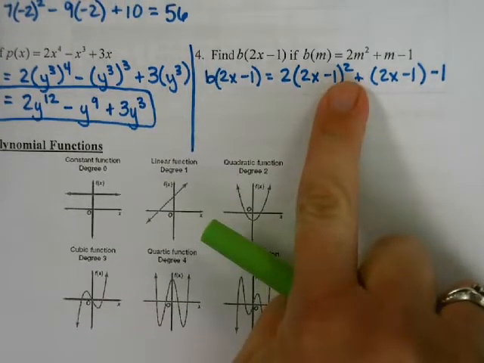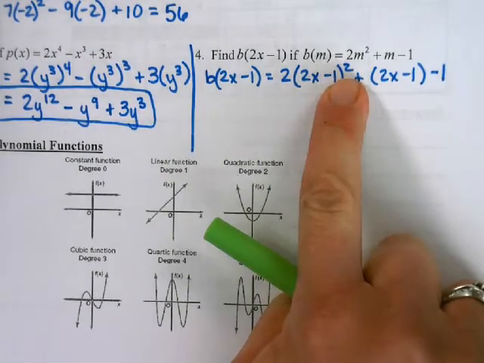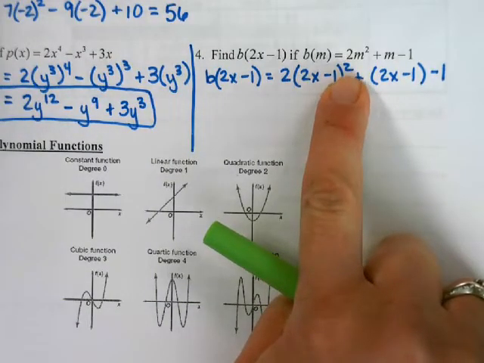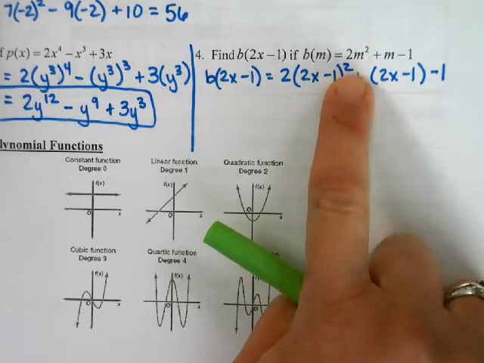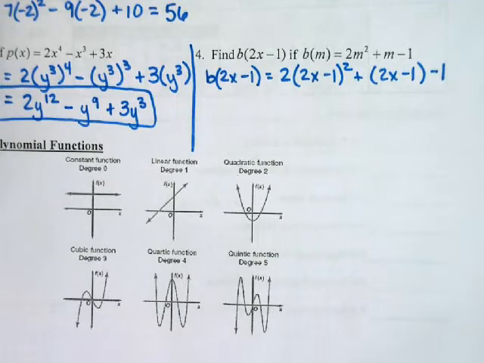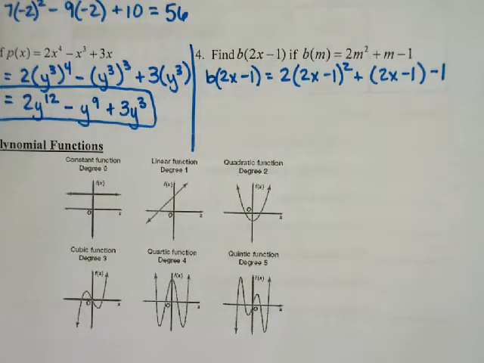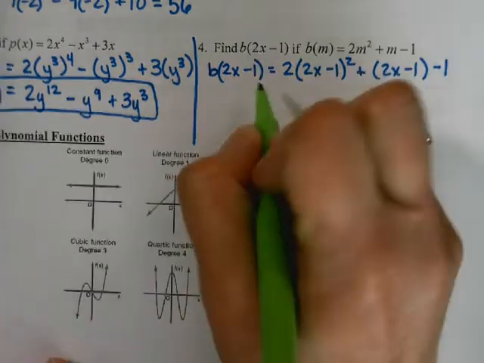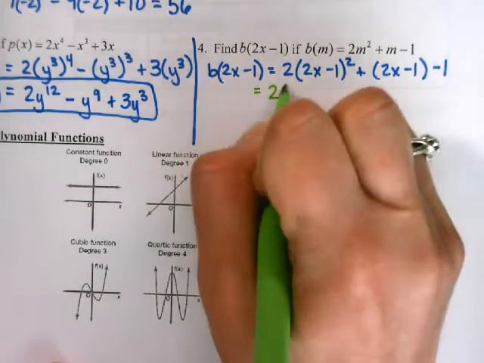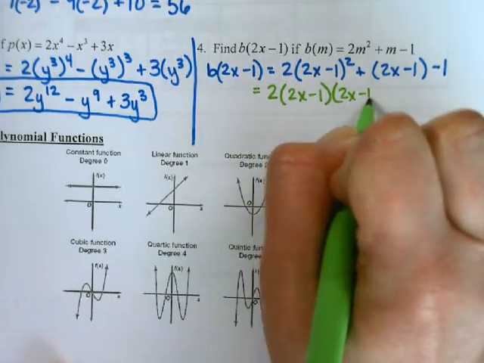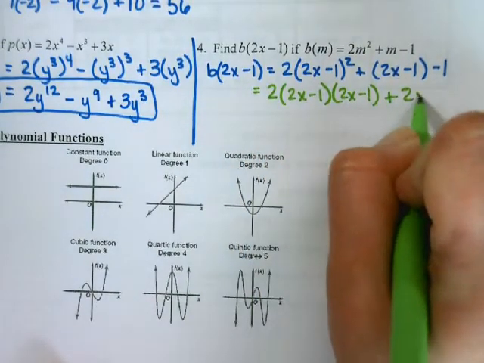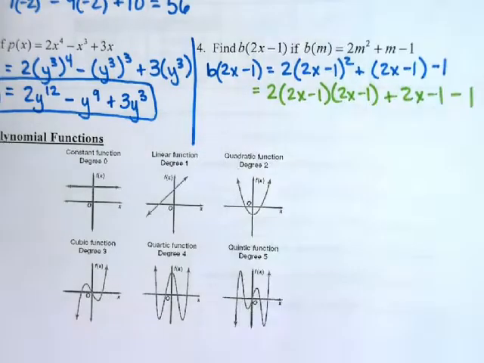What about this part? What do I have to be sure to do? There's 2 of them, right, Hannah? There's 2x minus 1 times 2x minus 1, so that means I have to FOIL. So be careful. This really means 2 times (2x minus 1) times (2x minus 1).